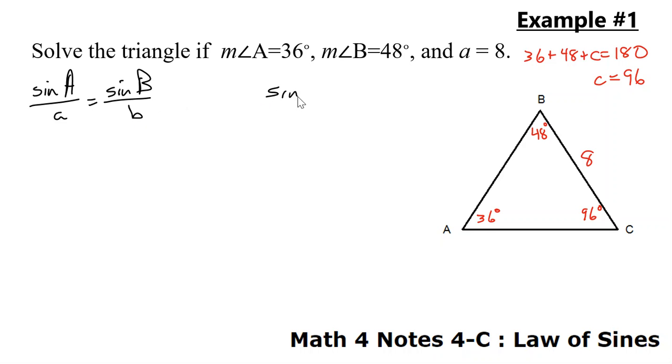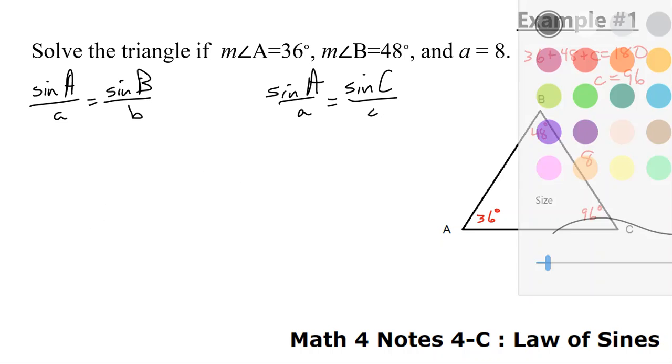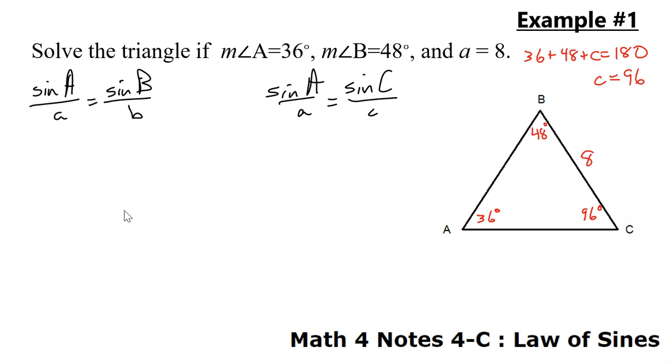And then we're going to come over here and say sine A over little a equals sine C over little c. And this is going to be two separate problems. We're going to plug in, first of all, sine 36 for sine A, and little a is 8. And sine B is 48 degrees, and then there's little b, which we don't know.